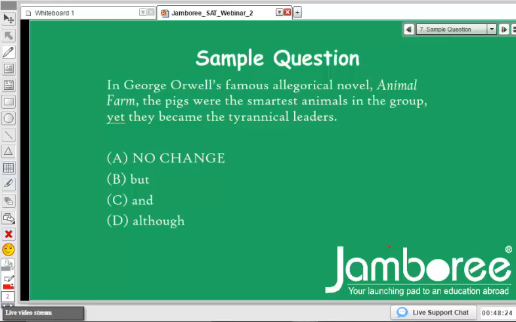Yes, anybody? What's the answer? Okay, the correct answer is C, but again, my objective was not to focus on the correct answer. I just wanted to showcase a strategy.